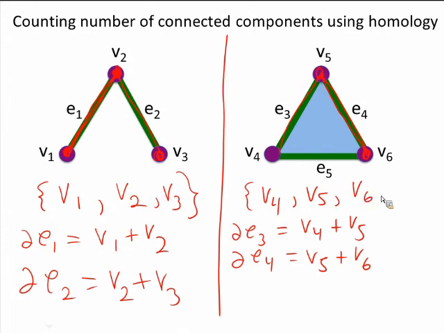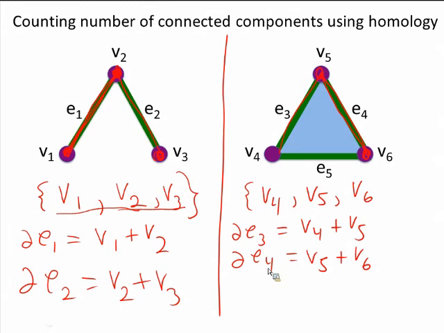We can say that we've now looked at all the vertices, but another algorithm is I can just take a look at all the edges instead. So I can just go through all my edges, in my computer program. There are more sophisticated ones, but I can write a program that says boundary of E1 is V1 plus V2, so I throw them into the same component. Boundary of E2, get them into the same component.